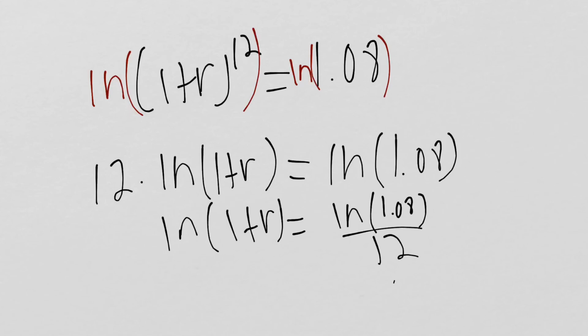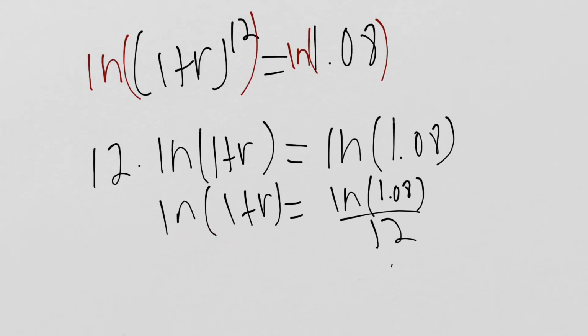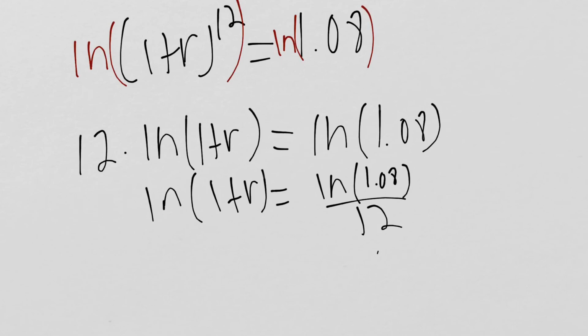Okay, so now we're getting closer to being able to solve for r because we just have the natural log of 1 plus r. So we have to do the inverse operation of natural log to undo it on this side. So the inverse operation of taking a natural log is raising e to the power of that. So e to the natural log of 1 plus r on that side, and then we have to raise this side up to the power as well.